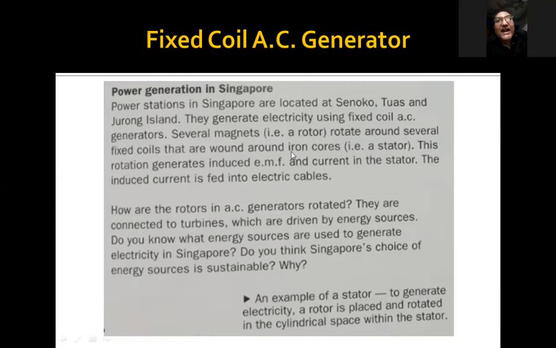So there could be different methods by which you can rotate those magnets around that coil.